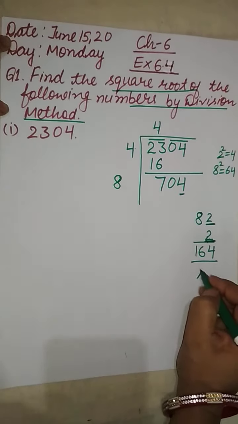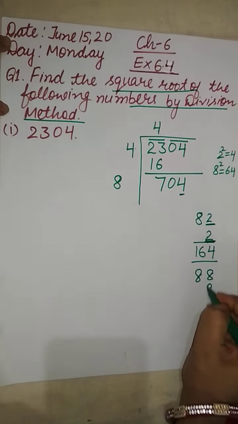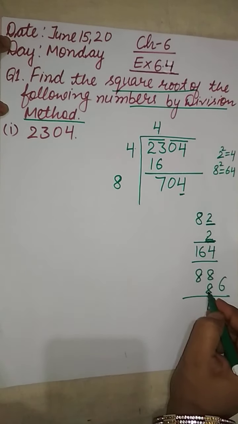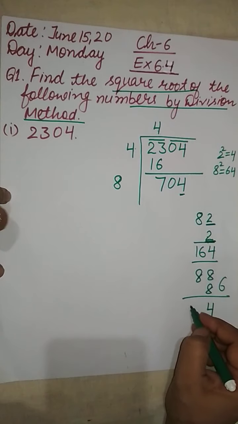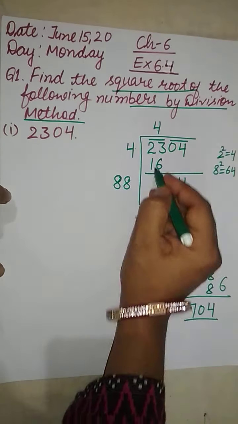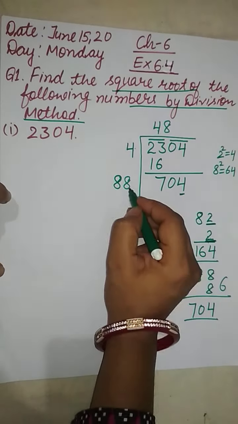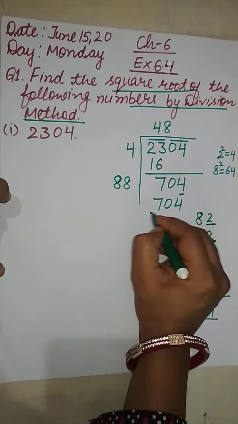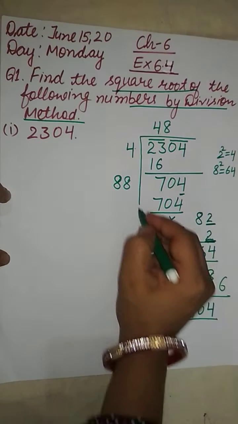Now 88 multiplied by 8: 8 eights are 64, 8 eights are 64 plus 6 is 704. It means the right digit which I have to put here is 8. So 88 eights are 704 and the remainder I got is 0.